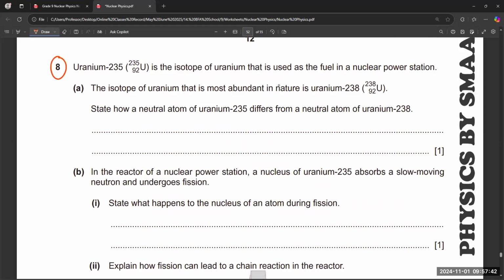Like this is question number 8, and we have uranium 235, the isotope of uranium that is used as a fuel in a nuclear power station. You can see the question starts with the reference of a nuclear power station or nuclear reactor. The first part says the isotope of uranium that is most abundant in nature is uranium 238. So this is the most abundant isotope naturally. State how a neutral atom of uranium 235 differs from a neutral atom of uranium 238.